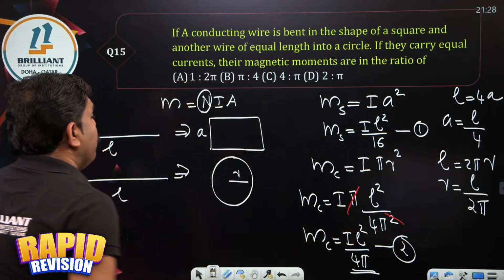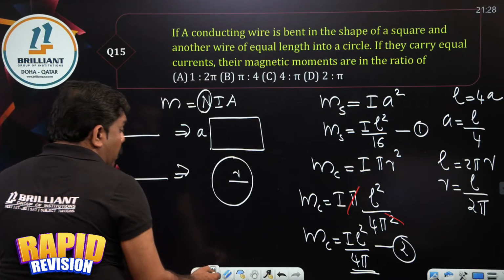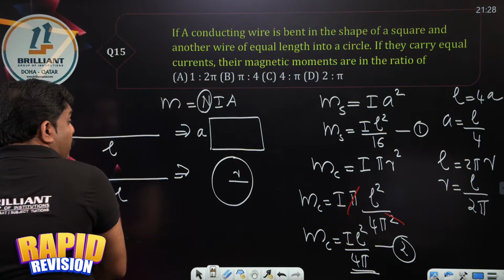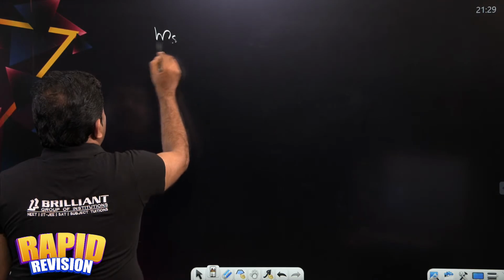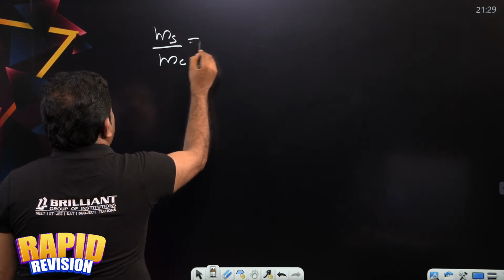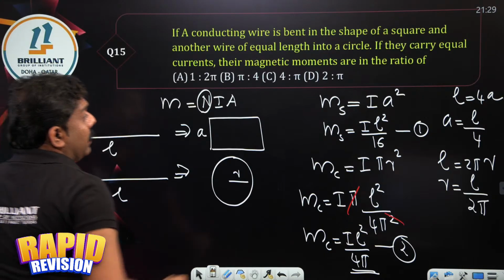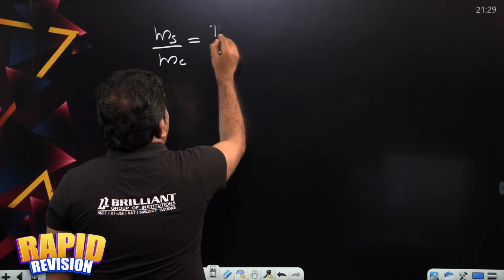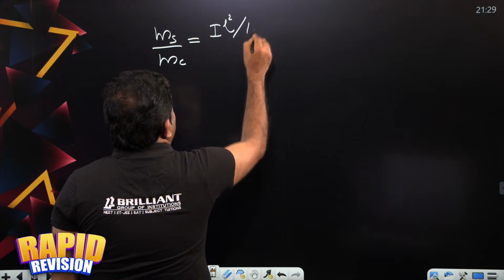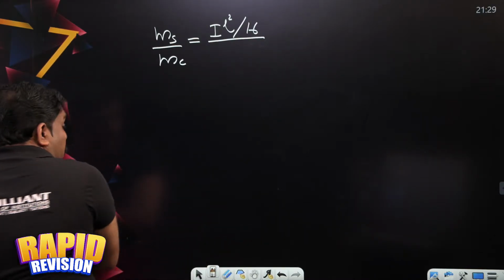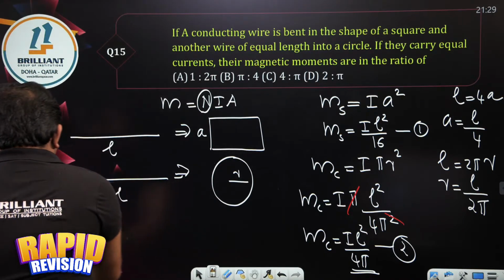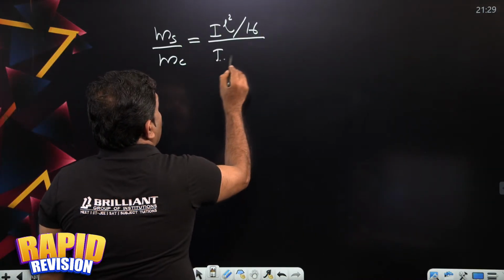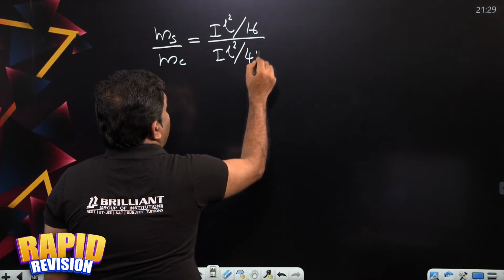Find the ratio now. MS by MC is equal to I L square by 16 divided by I L square by 4 pi.